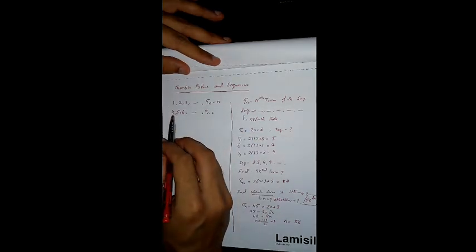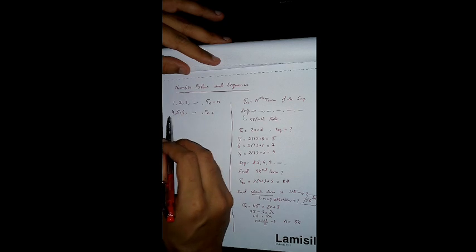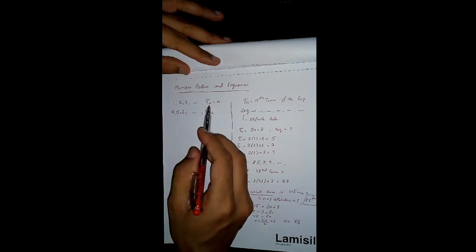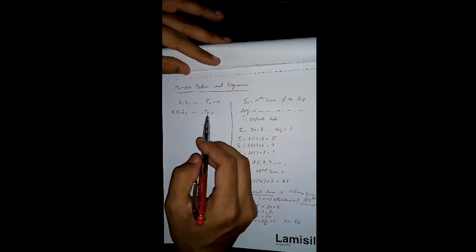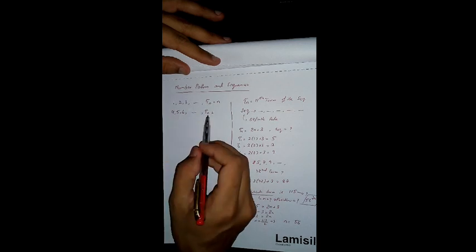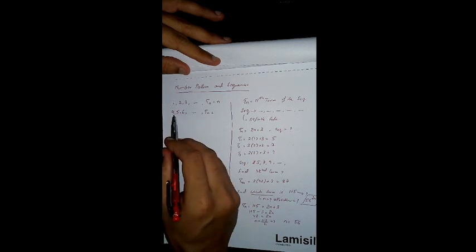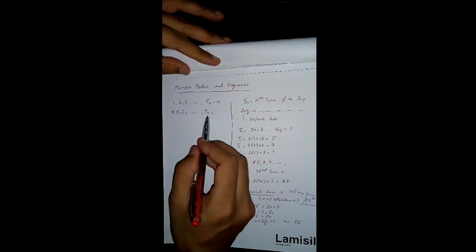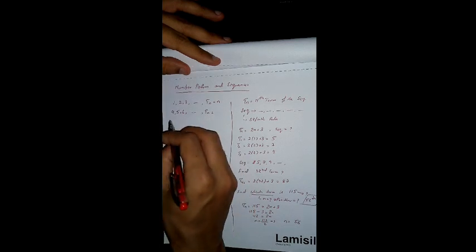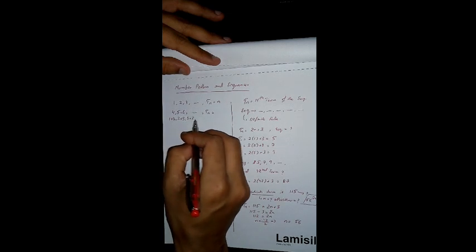These are natural numbers, but if I put 1 here I will get 1, for 2 I will get 2, for 3 I will get 3, but I would like to get 4 when I put 1 here. So it should be 1 plus 3, 2 plus 3, 3 plus 3.